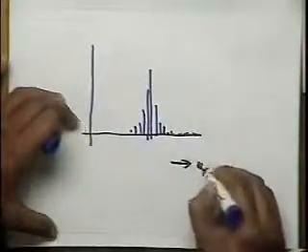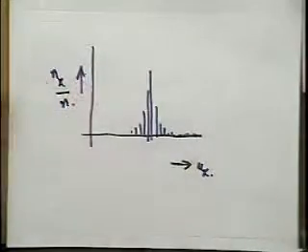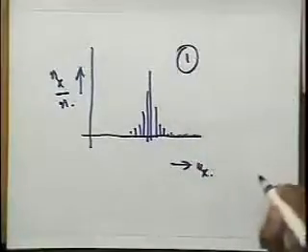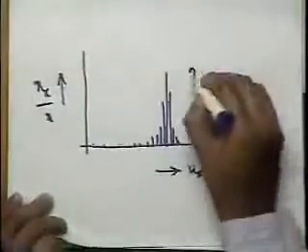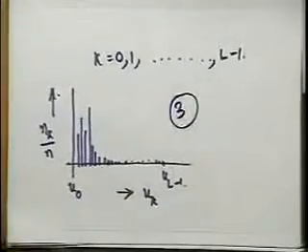This is uk, this is nk by n. Now this is histogram number 1, this is histogram number 2, and this is histogram number 3.